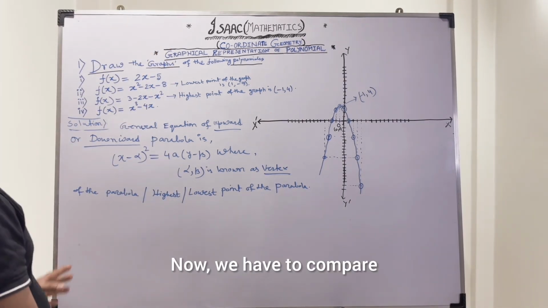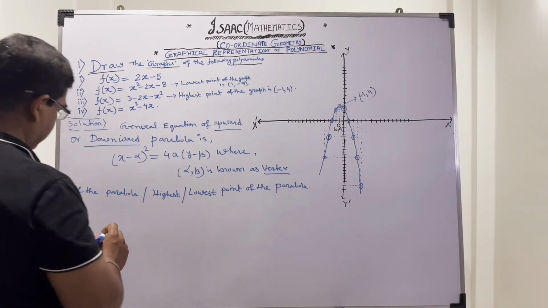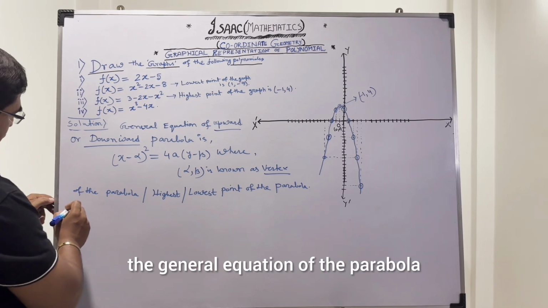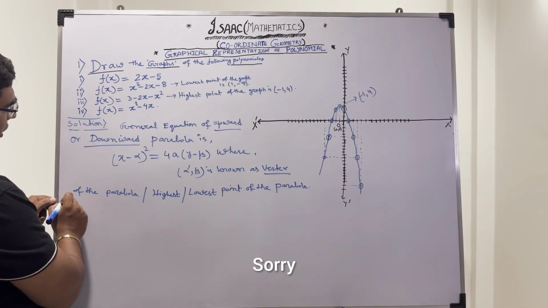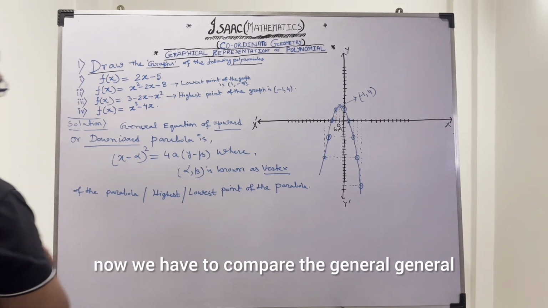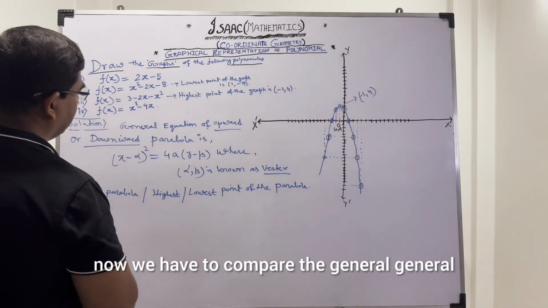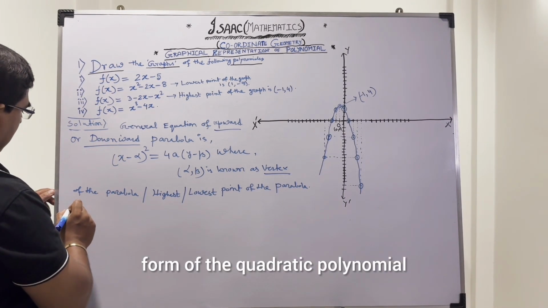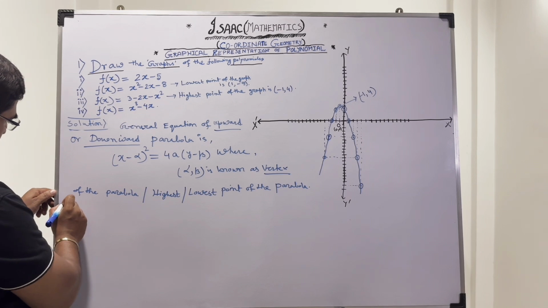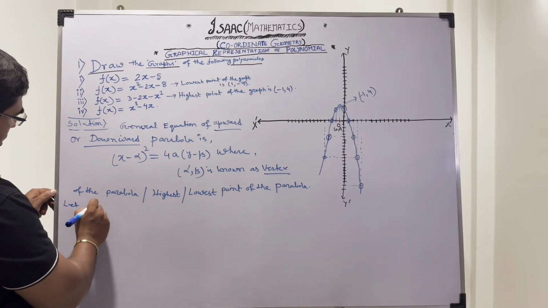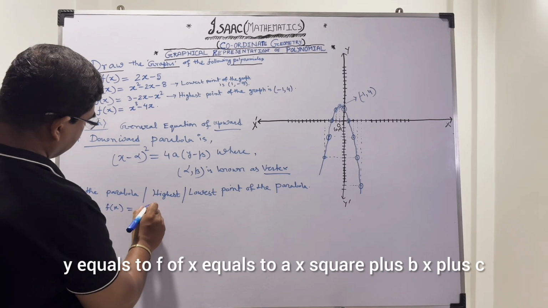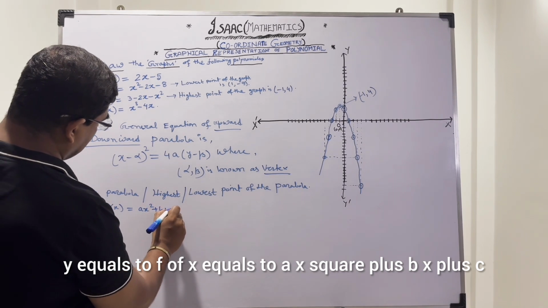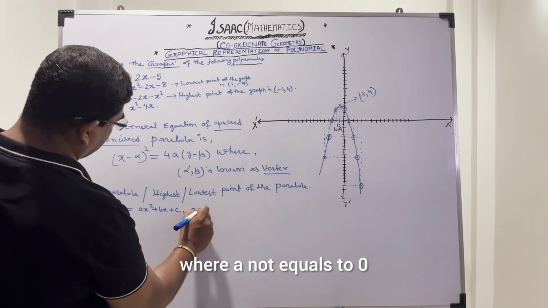Okay, now we have to compare the general form of the quadratic polynomial. So let y equals to f of x equals to ax square plus bx plus c, where a not equals to 0.